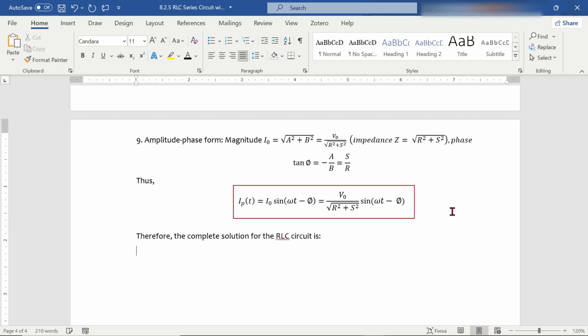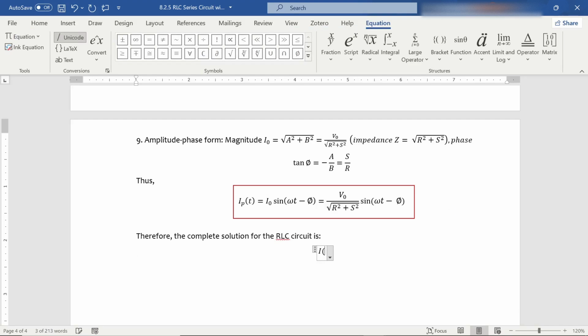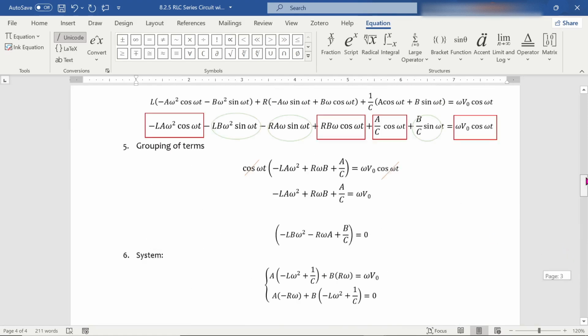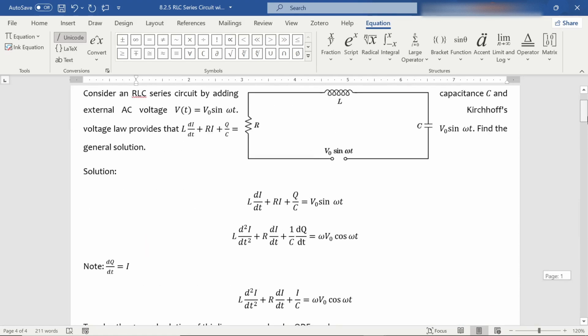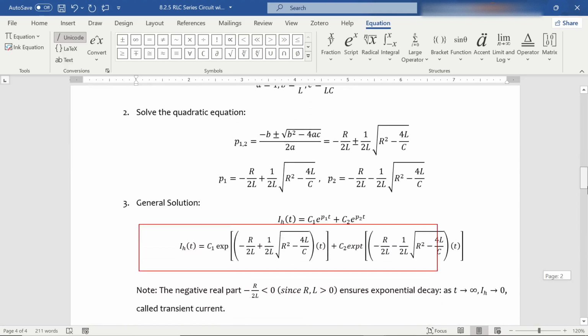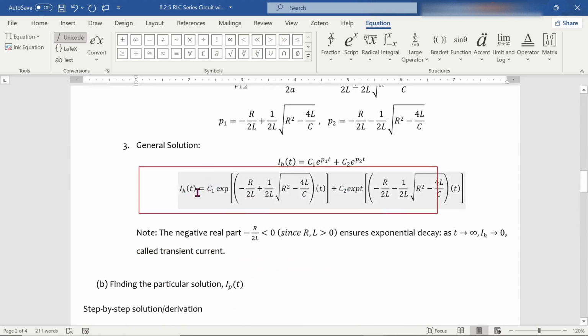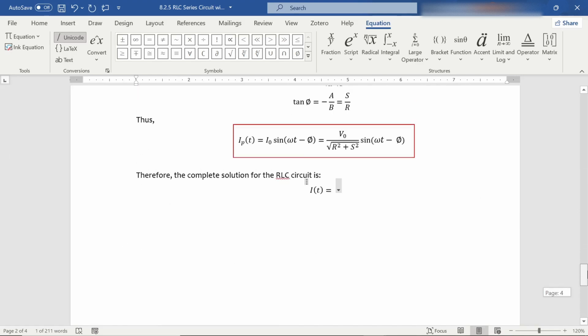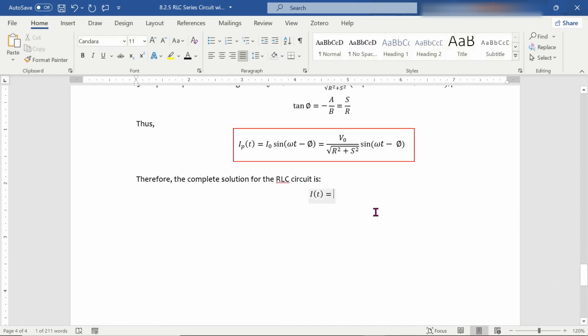We just have to combine the homogeneous solution and the particular solution. So I as a function of t equals IH as a function of t plus IP as a function of t.